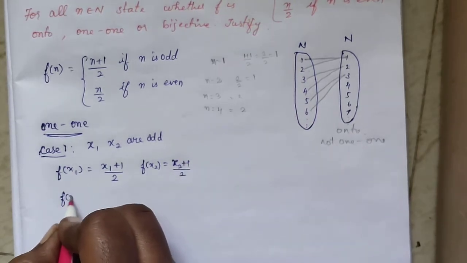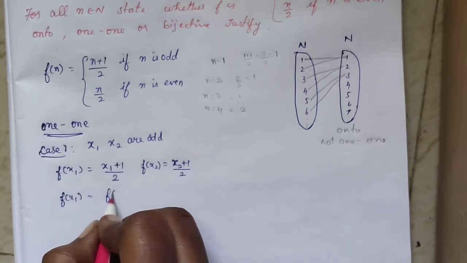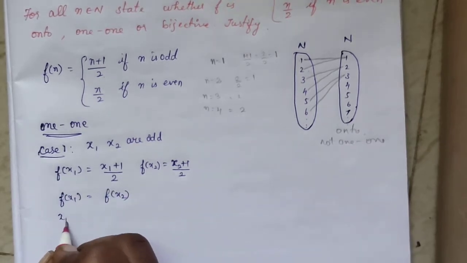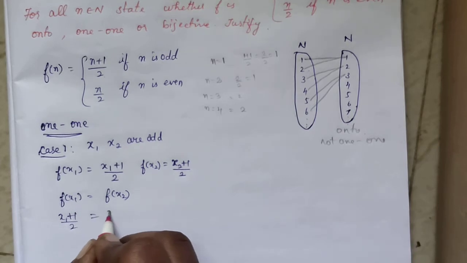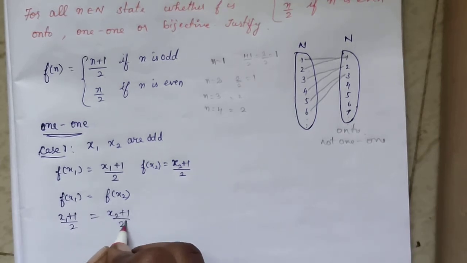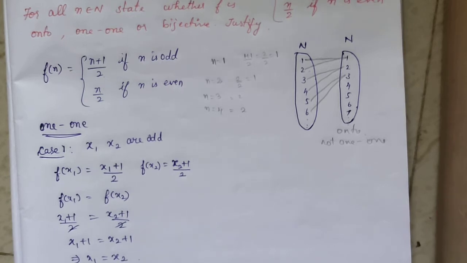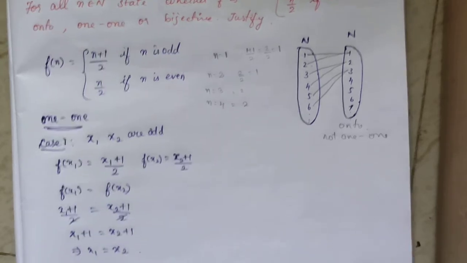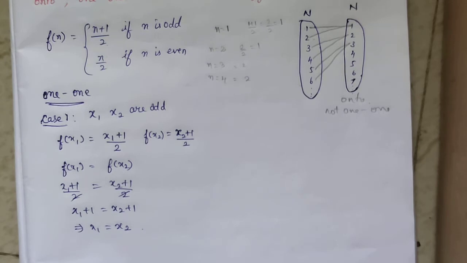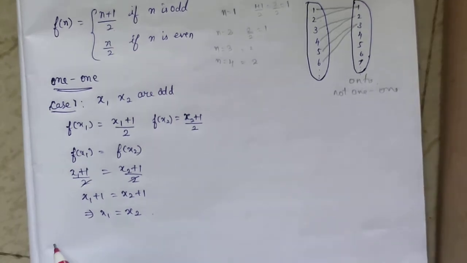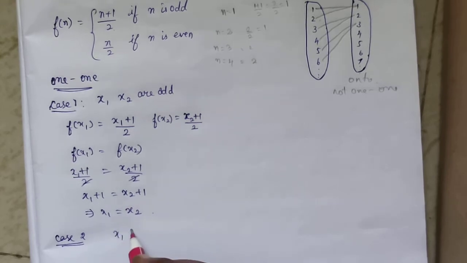The condition is f of x1 equal to f of x2, that is (x1 plus 1) by 2 equal to (x2 plus 1) by 2. The 2 will get cancelled. x1 plus 1 is equal to x2 plus 1. This implies x1 is equal to x2. When both are odd numbers, I got the answer x1 equal to x2. Now take case 2: x1, x2 are even.